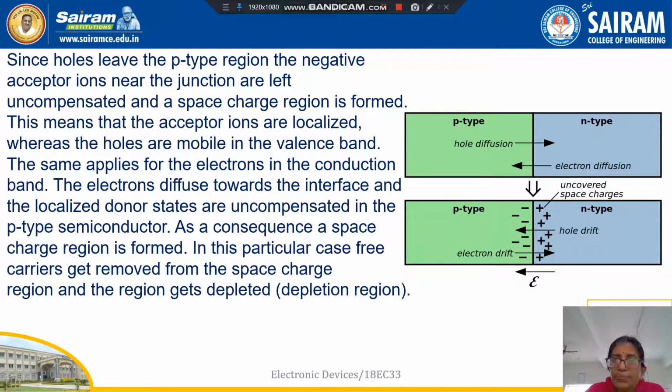So free carriers get removed from the space charge region, the depletion region, but there will be movement of majority carriers, which results in the diffusion current, and similarly there will be movement of minority carriers, which will result in the drift current.